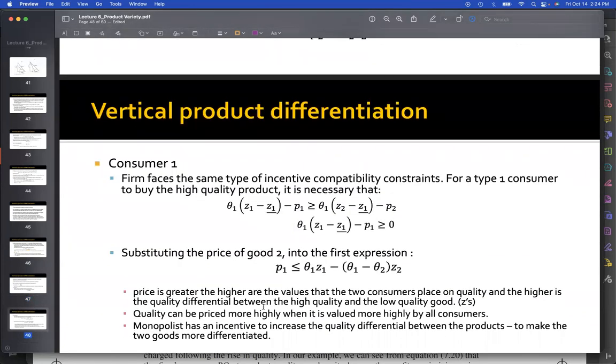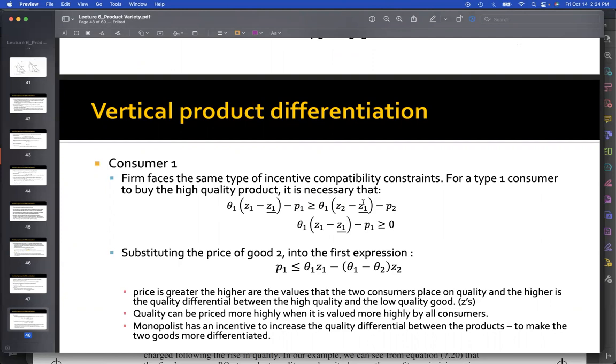Now, what about consumer 1? Consumer 1 is the one with a high willingness to pay. It's the one who really wants high quality, because Z under bar 1 is higher than 0. So it has two kinds of constraints here. The first one here is what's called the incentive compatibility constraint.